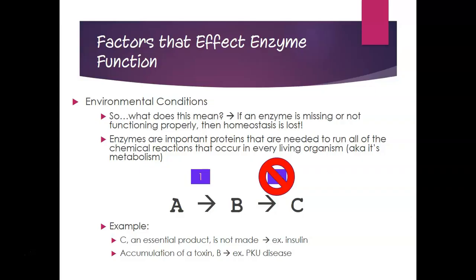In fact, it's a disease that we typically test newborns for. Why? Because it's something we can control with diet. So long as they stay away from certain amino acids that their bodies aren't able to break down, they don't have any problems. But if they happen to ingest it, they're missing this enzyme, and so this toxic product builds up and it can make people very sick.